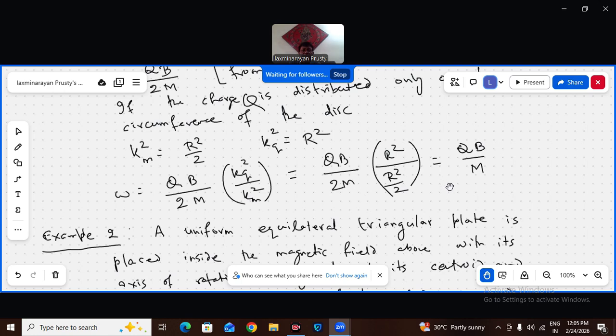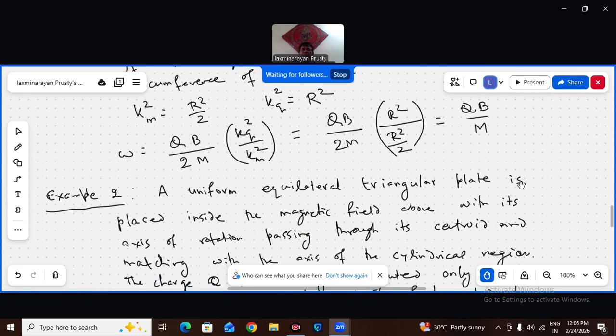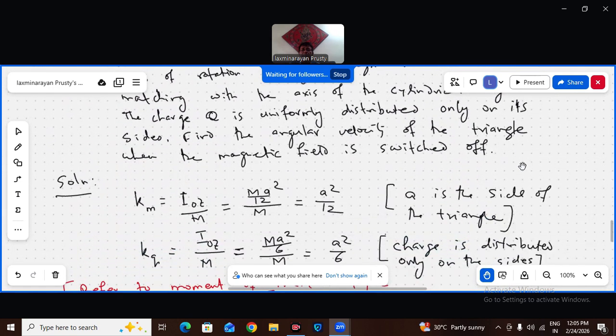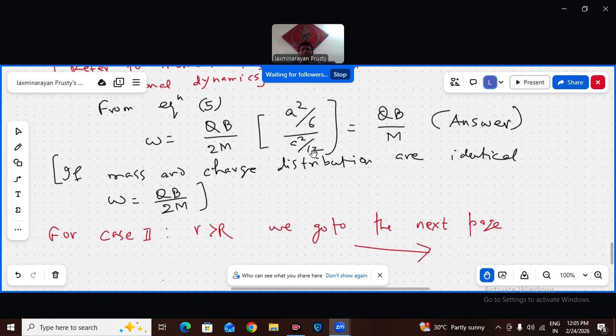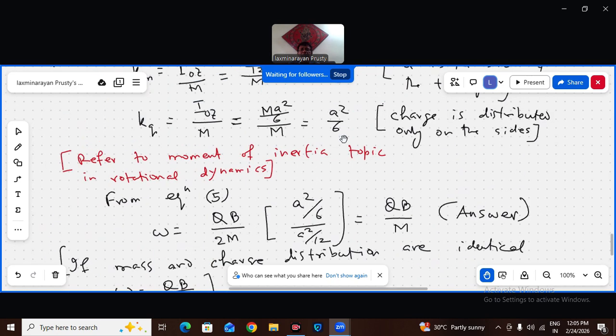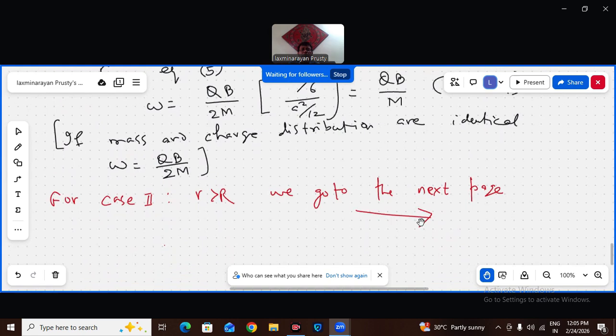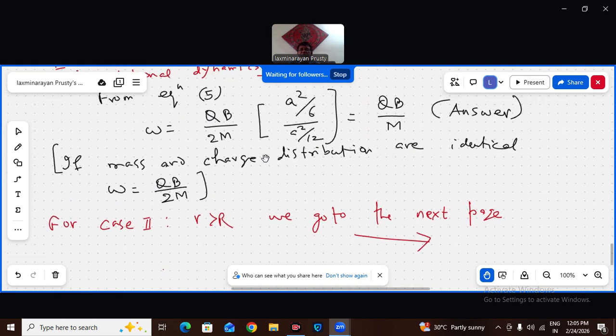Suppose the charge would have been distributed uniformly throughout the surface of the triangle, then qm, kq and km would have been same. So omega would have been qb by 2m. Sorry, here a square by 6, a square by 12, so 12 goes up, so 2 cancels, qb by m.